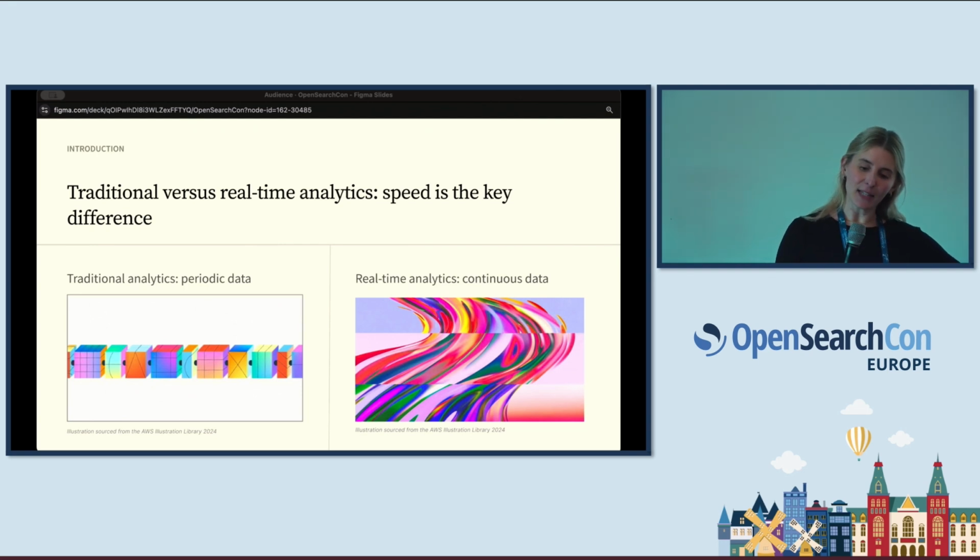The analysis happens after the events occurred, giving you historical perspective, but with some time delay. Real-time analytics, by contrast, is the process of collecting, processing, and analyzing data as it's being generated. This approach provides immediate insights and allows for instant decision-making. Rather than waiting for scheduled reports, real-time analytics continuously monitors data streams and triggers alerts or actions when certain conditions are met.